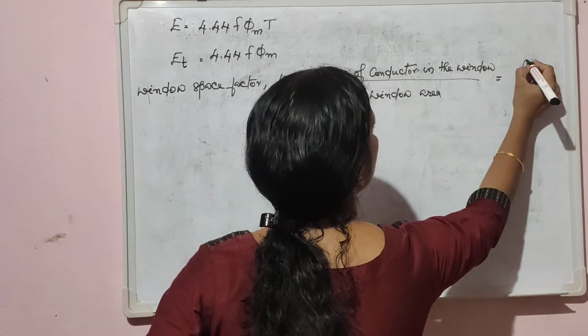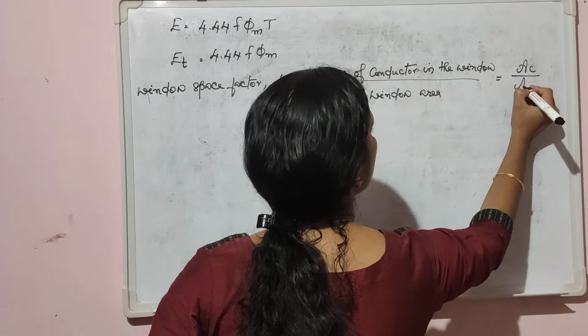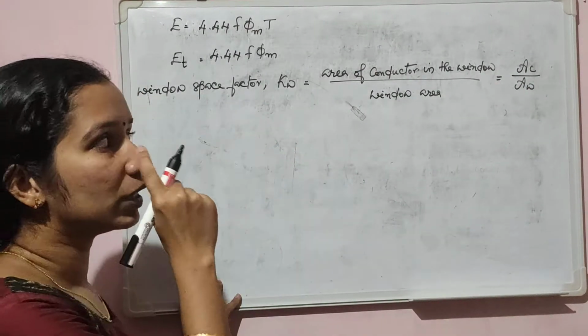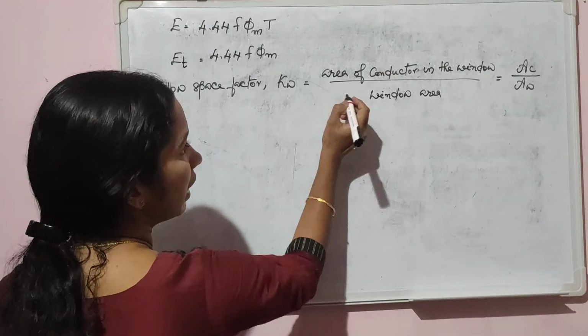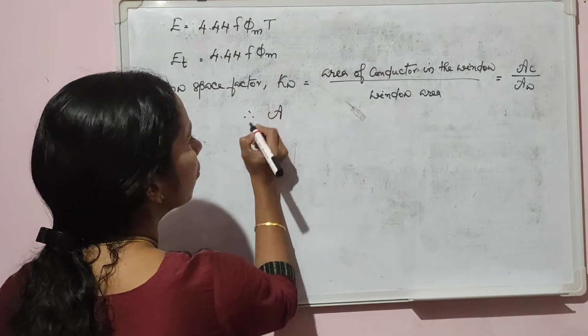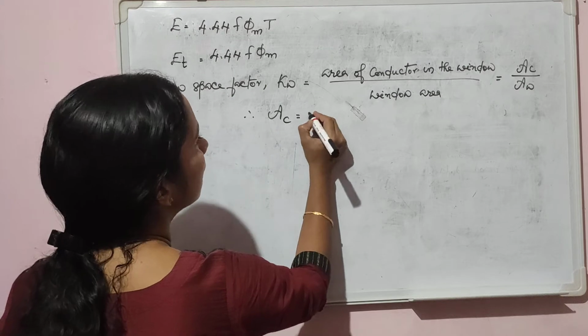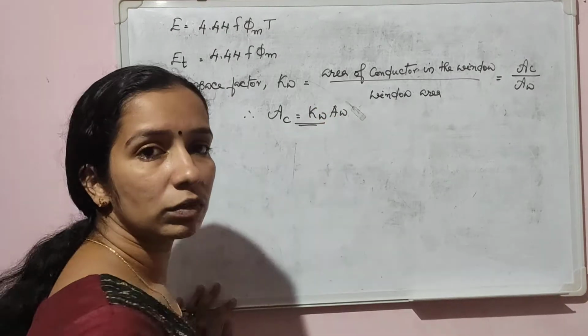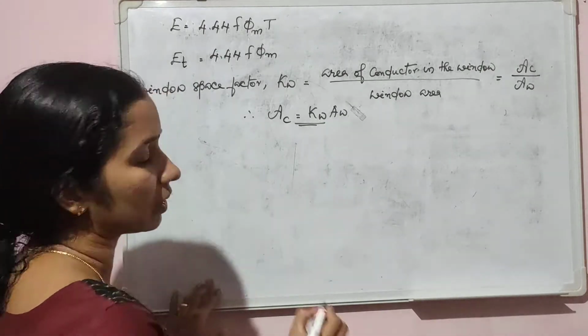So we have denoted area of conductor in the window as AC and area of window as AW. So KW is AC divided by AW, and hence we can write the area of conductor in the window as KW into AW. Now we have to consider two assumptions.